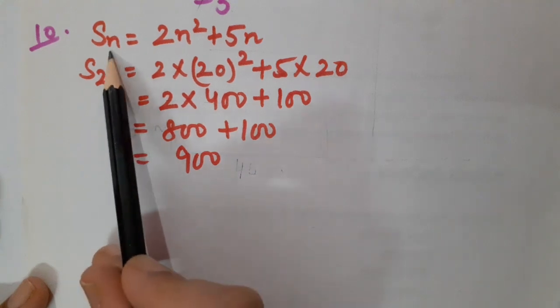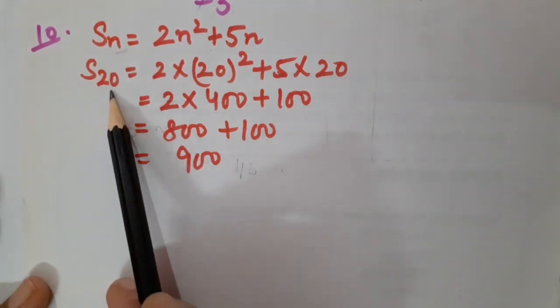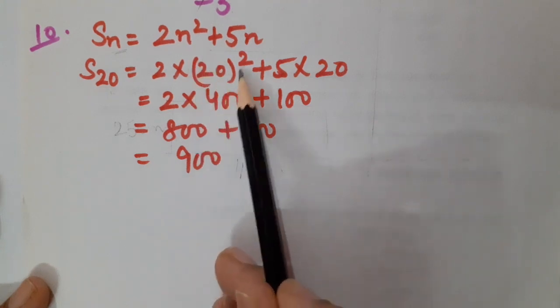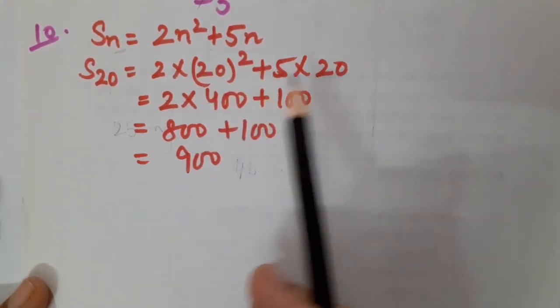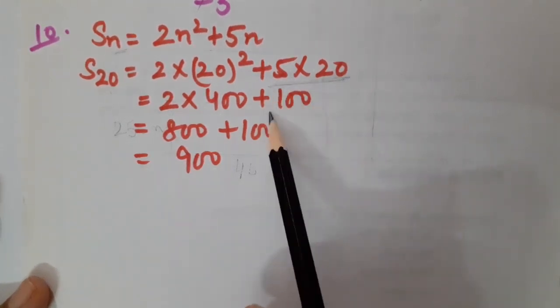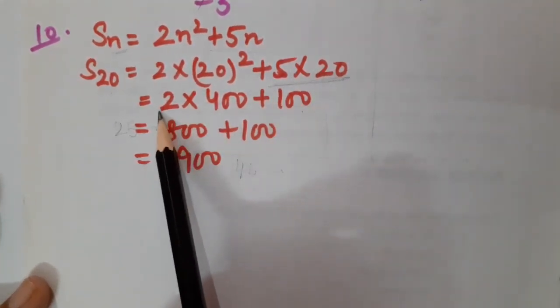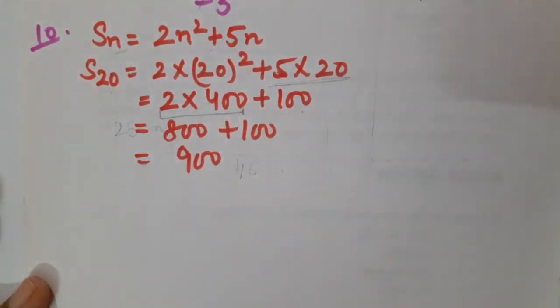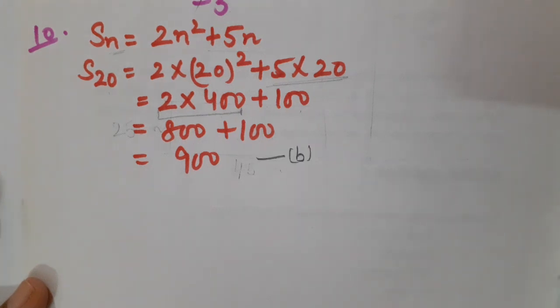So wherever we have n, we are going to insert 20 over there. So it will be 2 into 20 whole square plus 5 into 20. That is 2 into 400 plus 100, because 5 into 20 will give you 100. Now apply board maths. 400 into 2 will give you 800 plus 100, that is 900, which is actually option B.